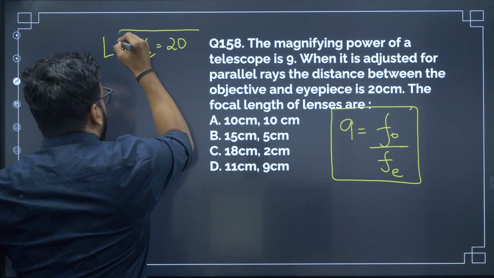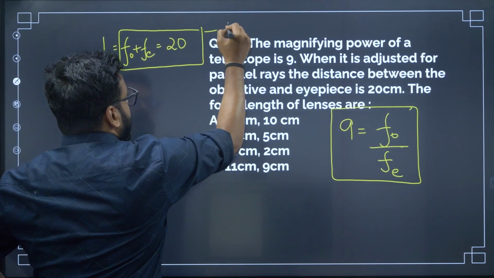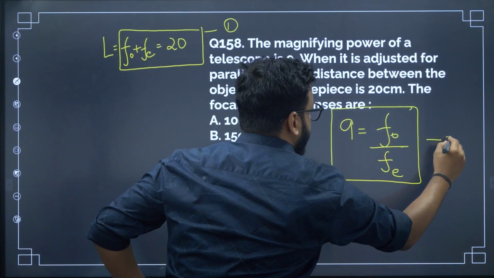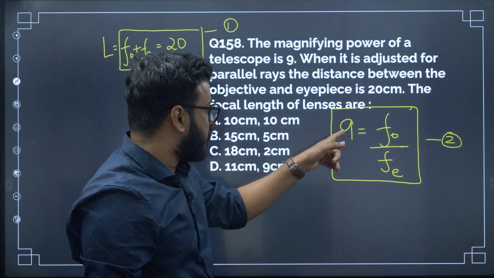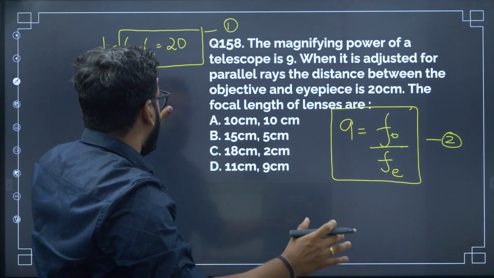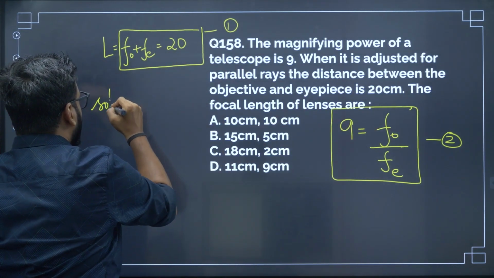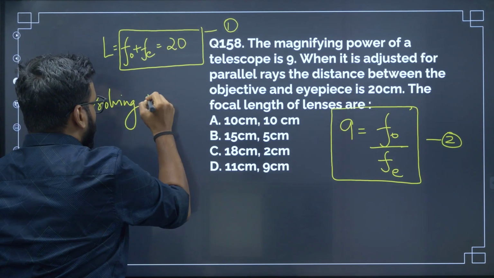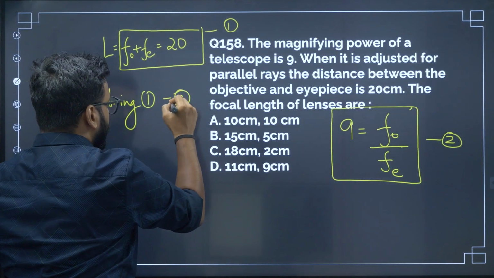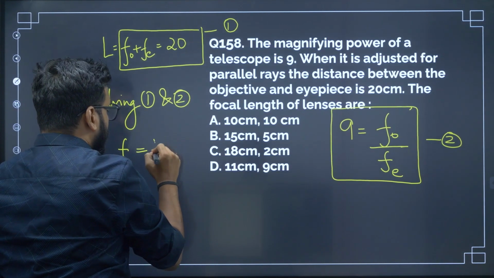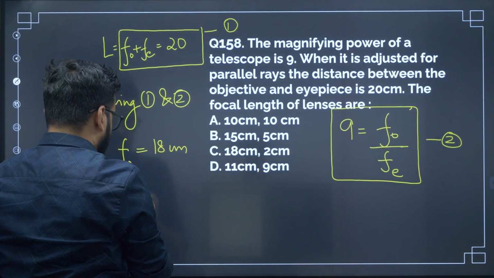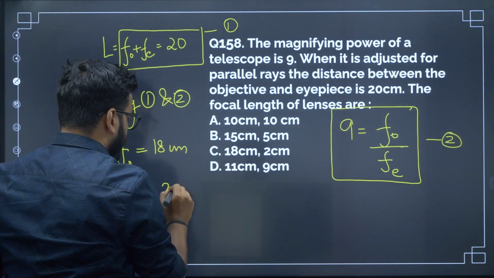Now you can compare both equations 1 and 2. You can use any method to solve them. You can cross multiply and substitute, and solving 1 and 2 you will get the objective focal length as 18 centimeter and the eyepiece as 2 centimeter.